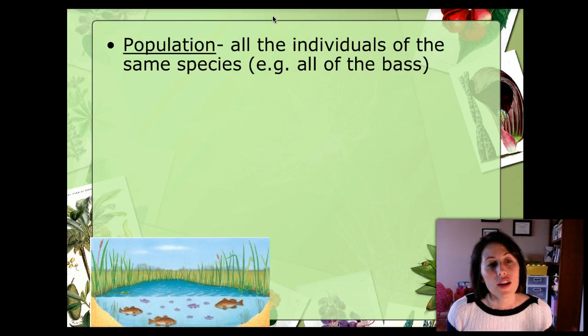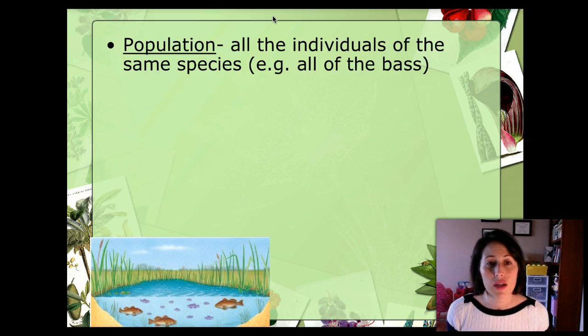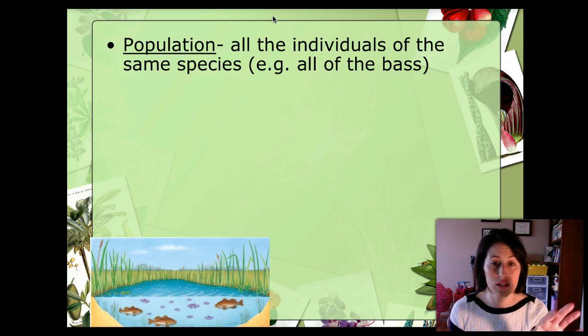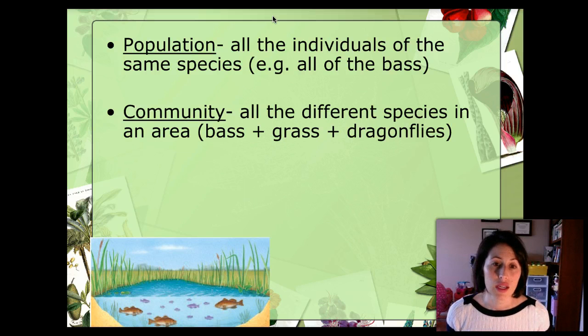So, another vocabulary word. We've kind of talked about this a little bit when we talked about evolution, but just a reminder, a population is talking about all of the individuals of that same species. So for example, we're talking about all of the bass within this given area, okay? Or we could be talking about all of the water weeds or all of the bacteria that live in the water, anything like that. That is a population. A community is talking about all of the different species in that area.